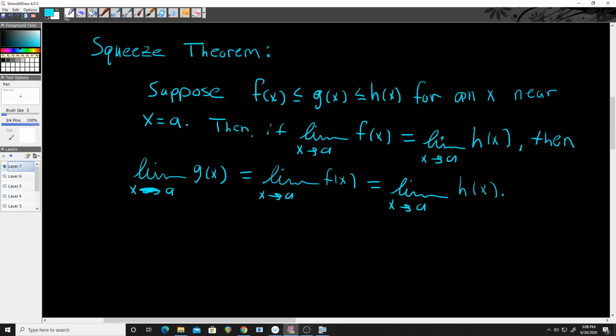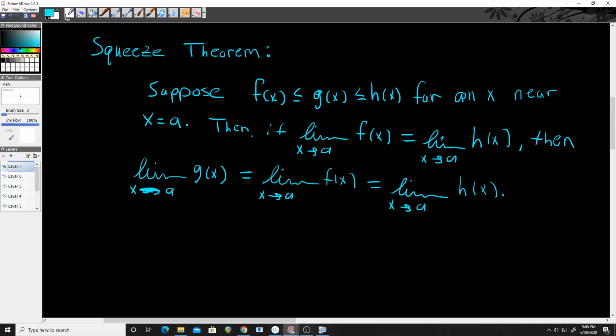What this is saying is that if f is the small function and h is the large function, and f and h have the same limits, since g is in the middle, since g is squeezed between f and h, then g must have the same limit.